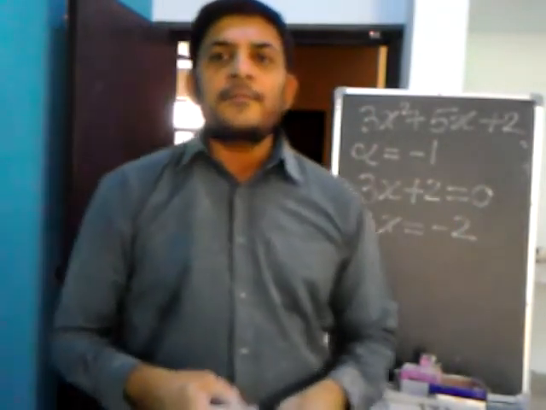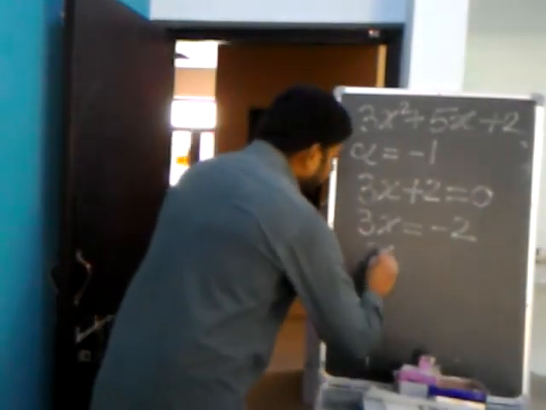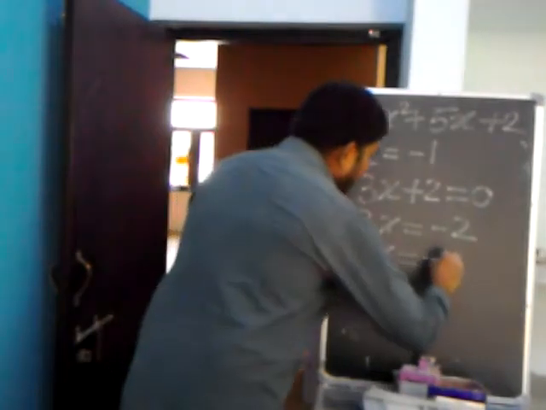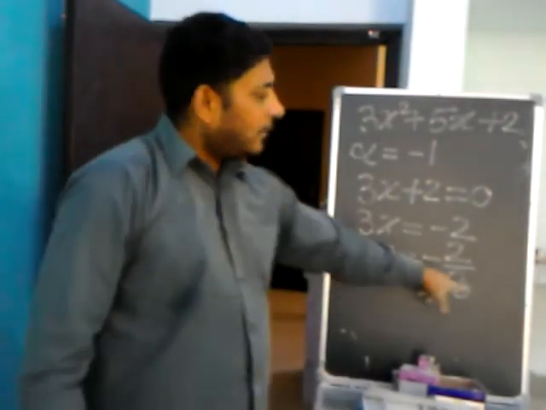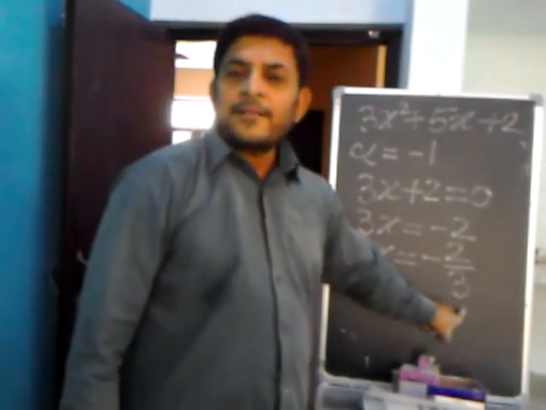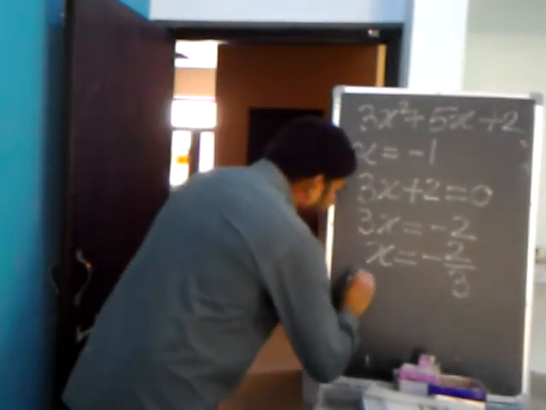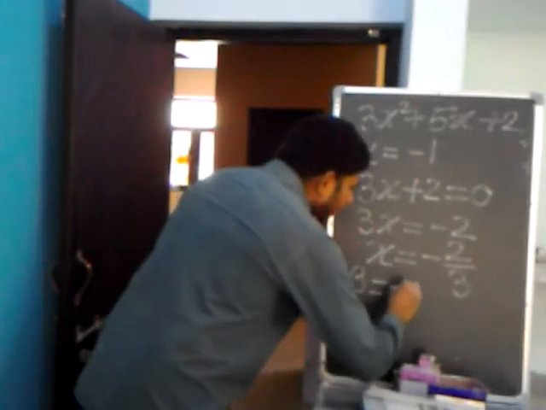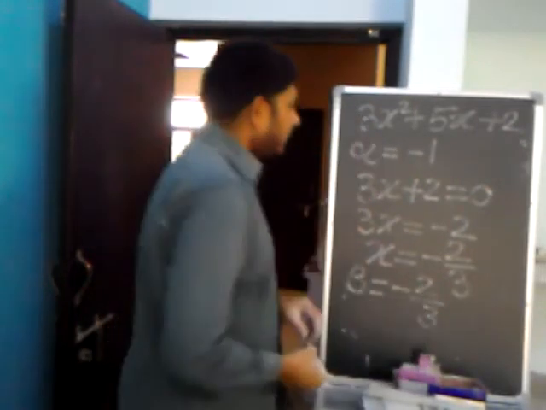It was positive, it became negative. And x is equal to minus 2 upon 3. 3 was multiplying here, by the rule it starts dividing here. So the second zero, beta, is minus 2/3.